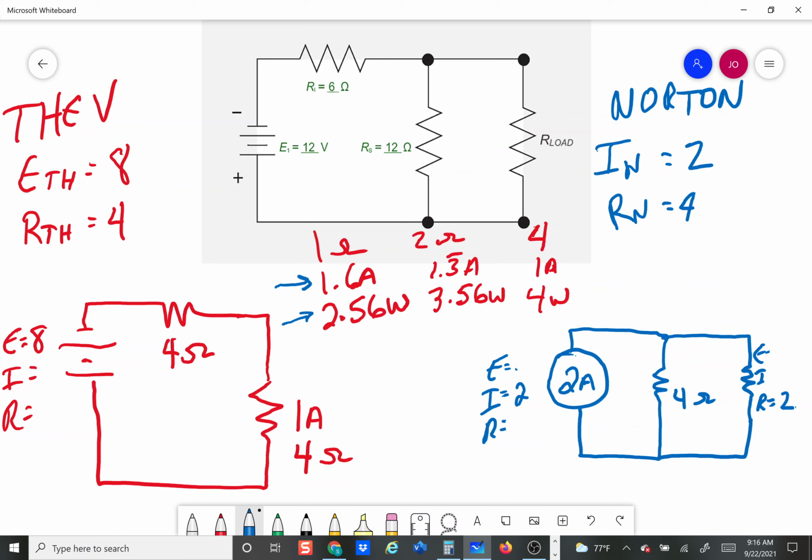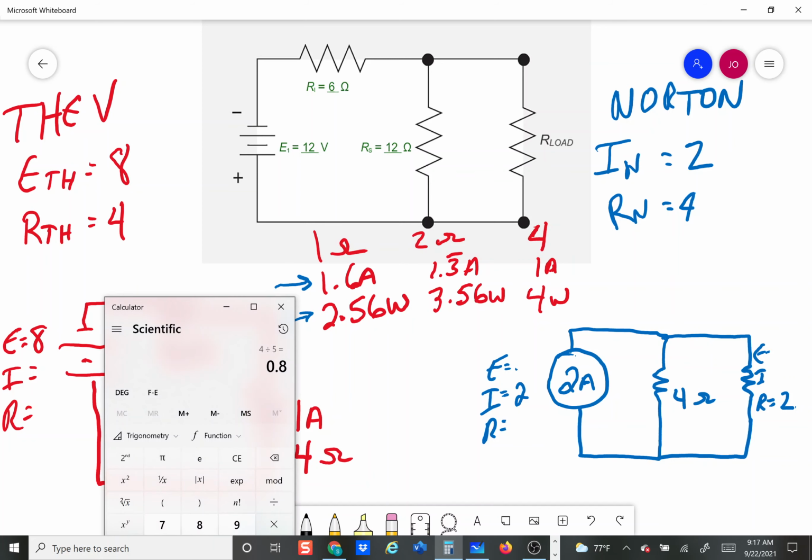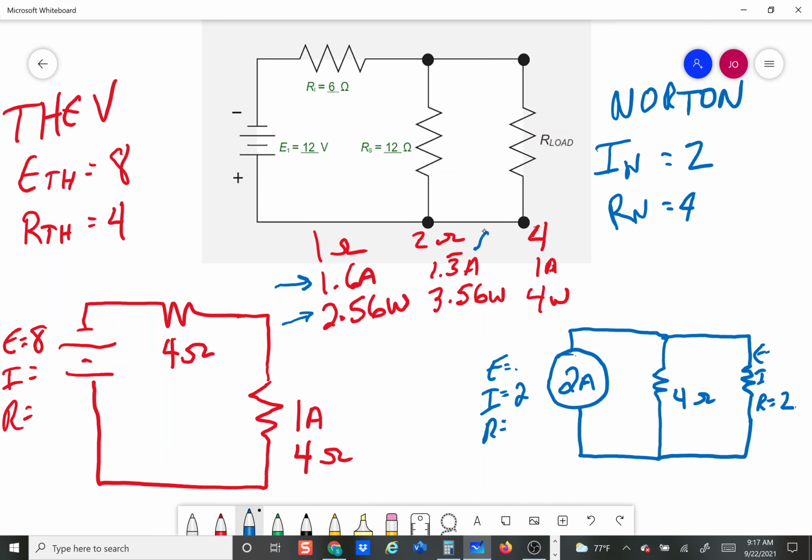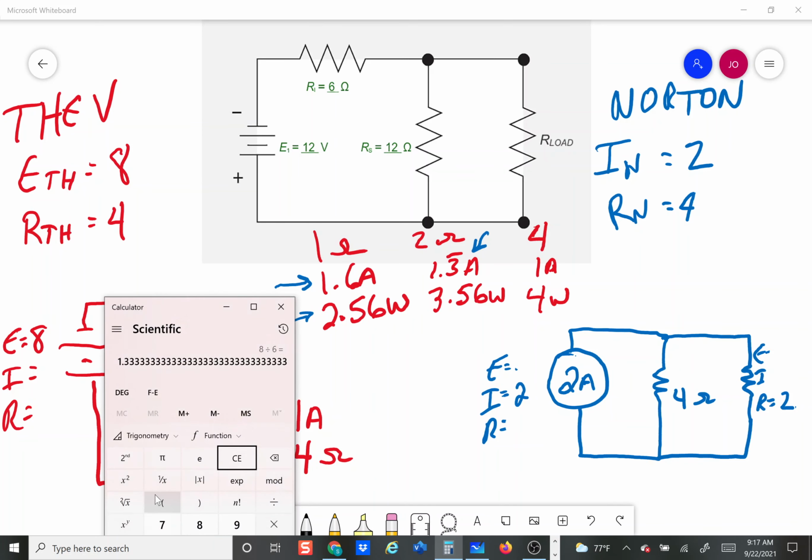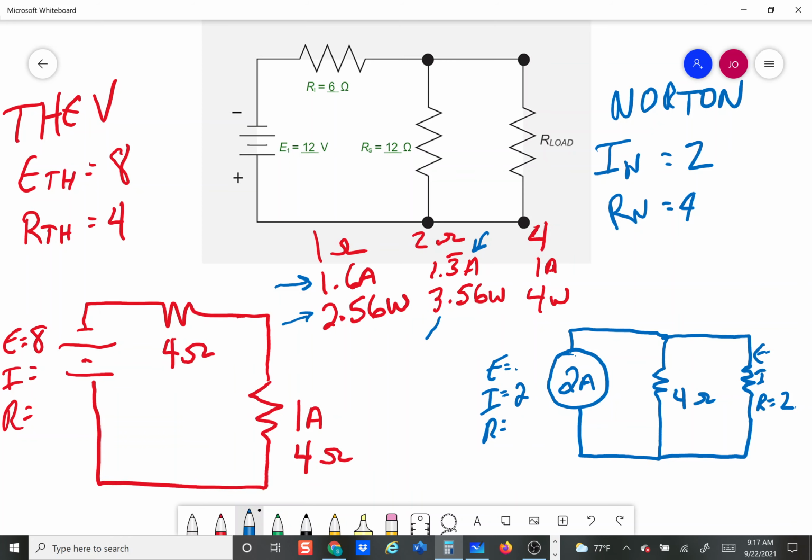And now doing, again, product sum, I know hopefully that 4 times 2 is 8, divided by 4 plus 2, which is 6, and lo and behold, we've got 1.3 repeating, which is what we got before. And that 1.3 repeating, leaving it in the calculator, squaring it and multiplying it by that load resistor of 2 ohms for I squared R, is going to give me 3.56 watts.